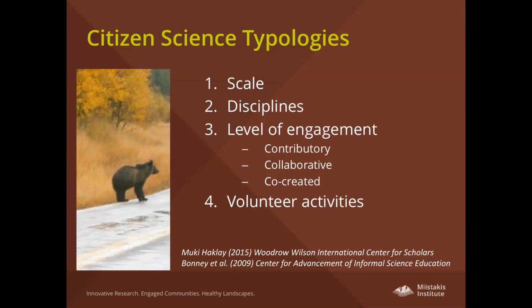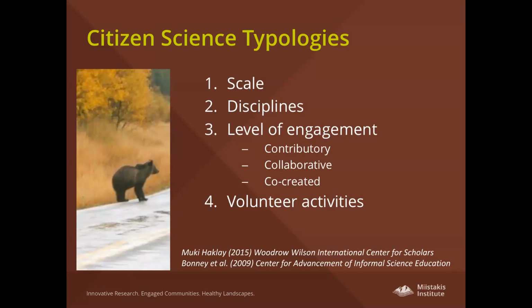So there's a difference between a local watershed group monitoring a local creek, right up to national or international efforts like eBird, where we have naturalists reporting birding observations across the world. And the larger the scale, the more formal the organizational structure is needed for that type of citizen science.